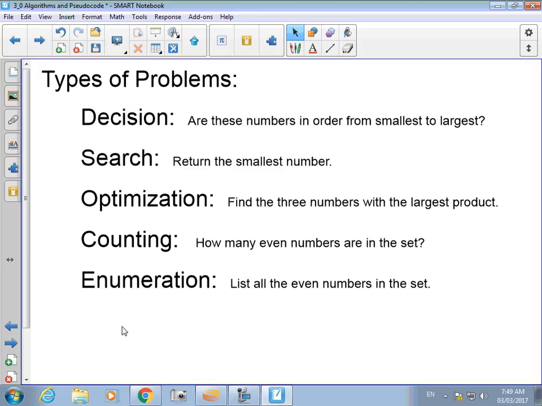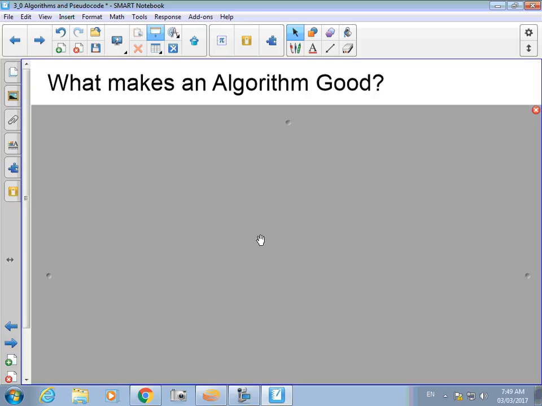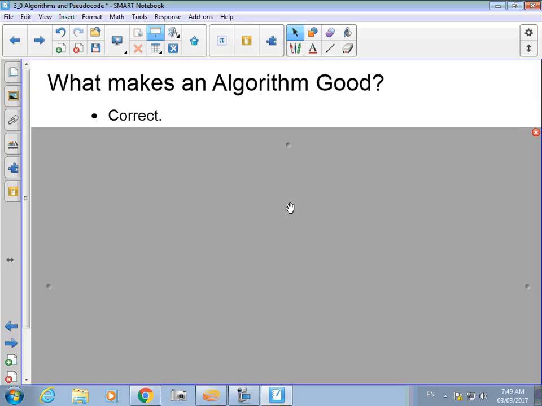And these are all different types of problems that we might be asked to find an algorithm to solve. What makes an algorithm good? There's all sorts of algorithms, and we weren't worried too much last year about what a good algorithm is. But we will worry a little bit this year. We won't evaluate algorithms. I'll leave that for your university computer science classes. But you should have some instinct about a good algorithm. First of all, it's got to be correct.